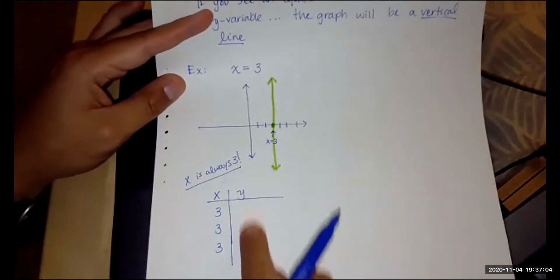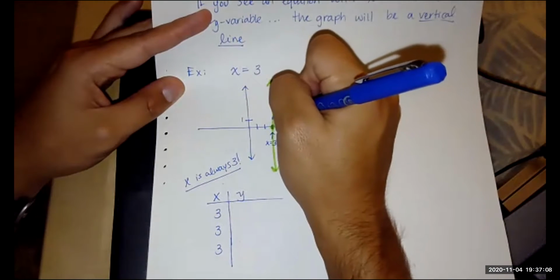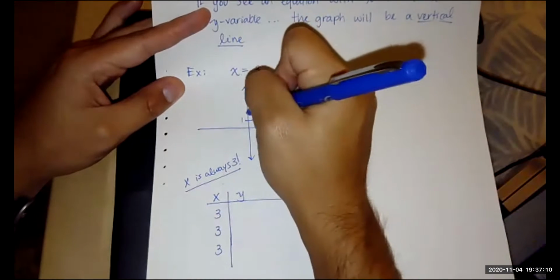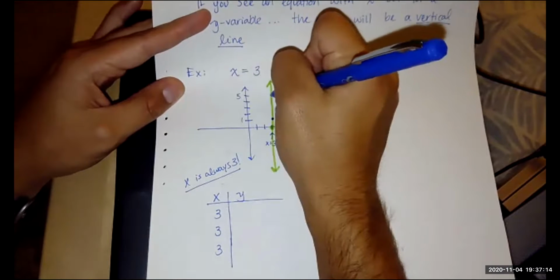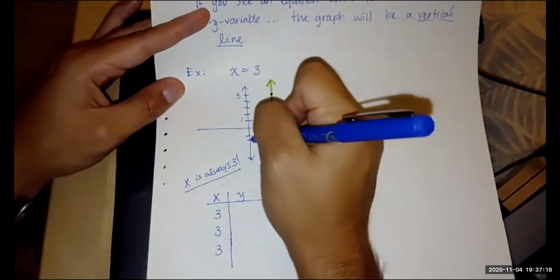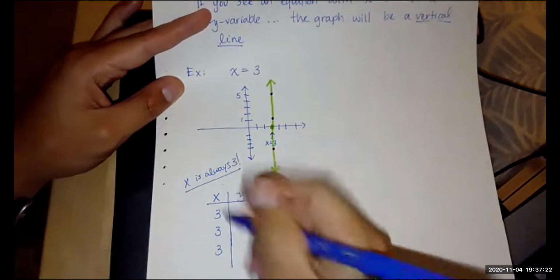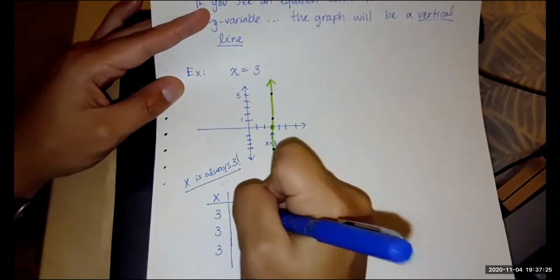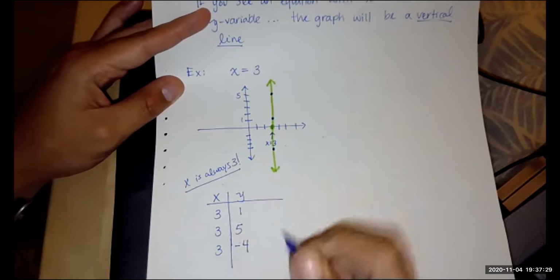And the y can be whatever you want, right? I could say that the y is 1, and then we would have a point right here. Or the y is 2, 3, 4, 5, and then we'd have a point right here. Or we could say negative 1, 2, 3, 4, and then we could have a point right here. But the y value doesn't matter. It's going to be whatever value you want it to be. 1, 5, negative 4.